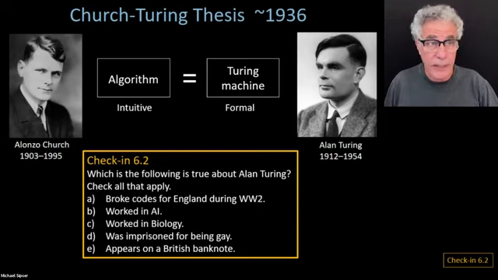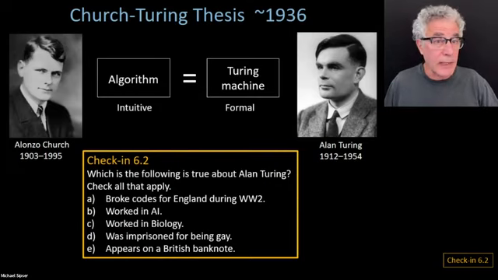So he definitely worked in AI. He worked in biology as well. He has a paper that is less well known to computer scientists, but if you look him up on Wikipedia, where I get all my information, he has a very famous, influential paper on how, for example, spots arise on leopards and stripes on tigers and so on.